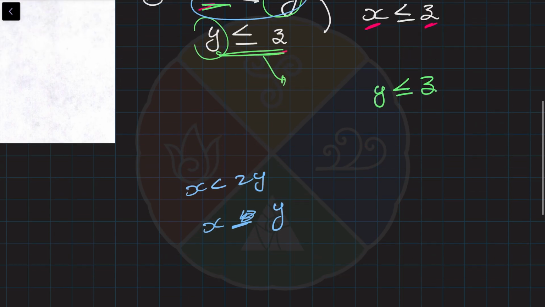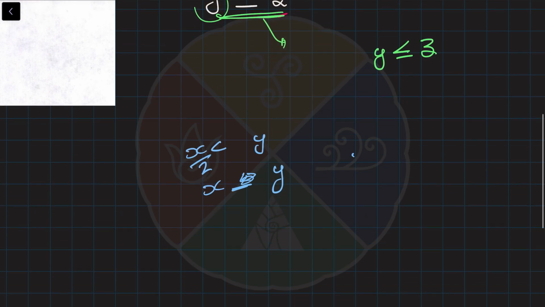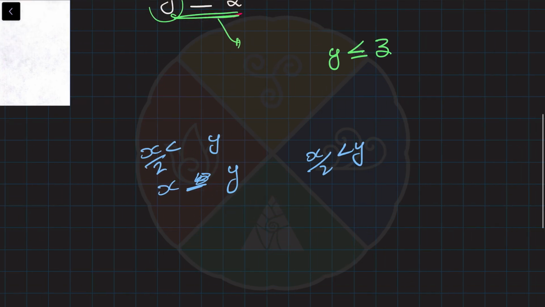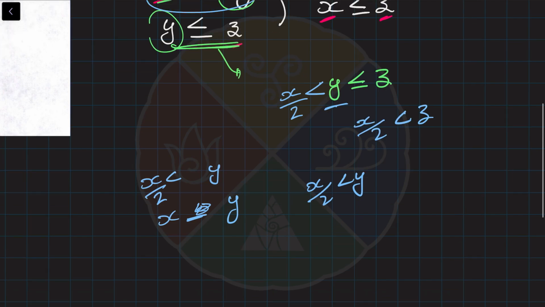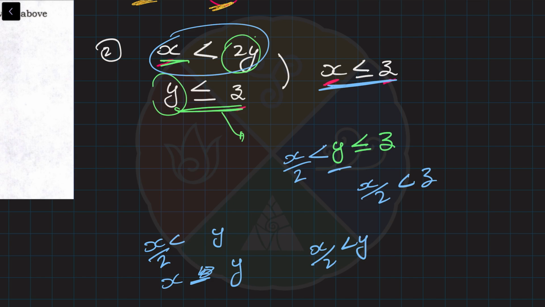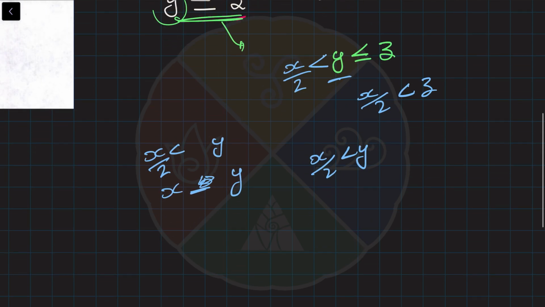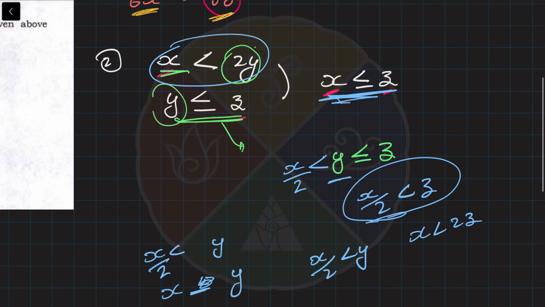It depends upon the value of y. If you take the 2 to the other side, it will become x by 2 is less than y. So from this I can say that x by 2 is less than z, or x is less than 2z. That I can say, but here they are talking about x and z, and I cannot come to a conclusion like that.